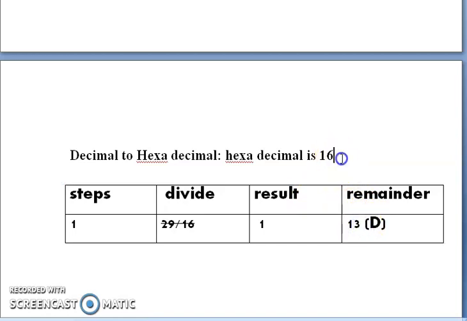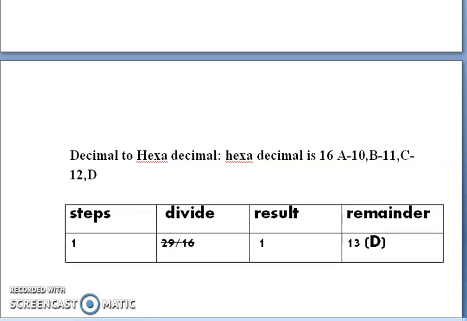A means 10, B means 11, C means 12, D means 13, E means 14, F means 15 in decimal value. So what is the hexadecimal value? 1D is the hexadecimal value.